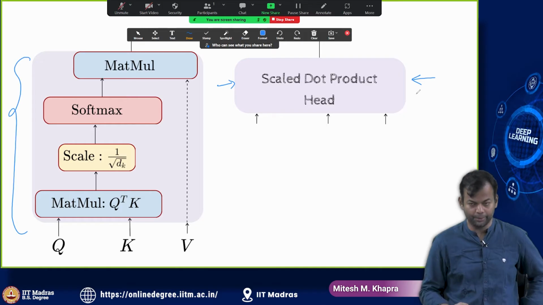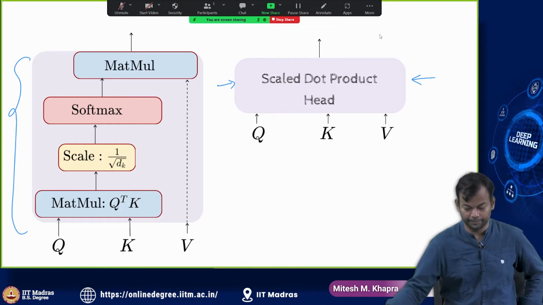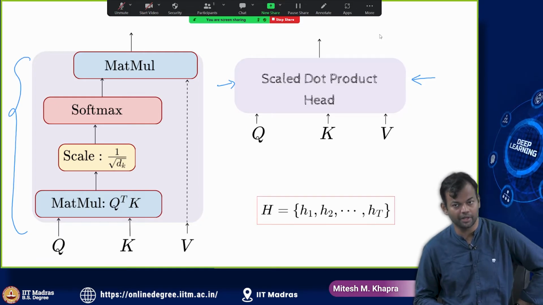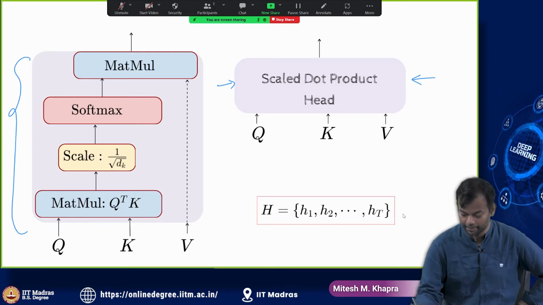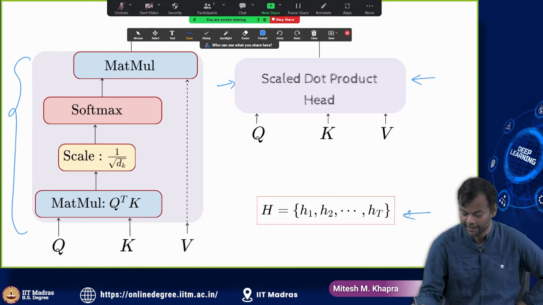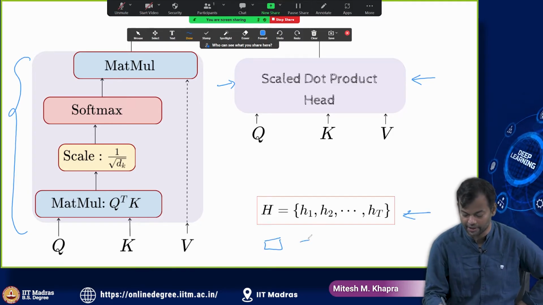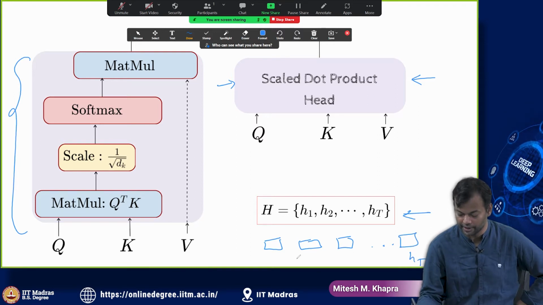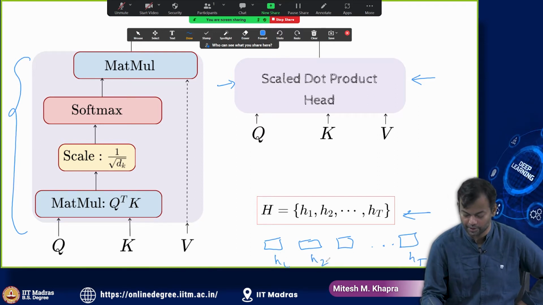And now what is the input to the box? Let's see. So you get the key, query and the value matrices. How are these constructed? Originally, remember at the input, all you had were these H1 to HT, right? So you had these word representations for the T words, and we were calling them as H1, H2 and so on, right?